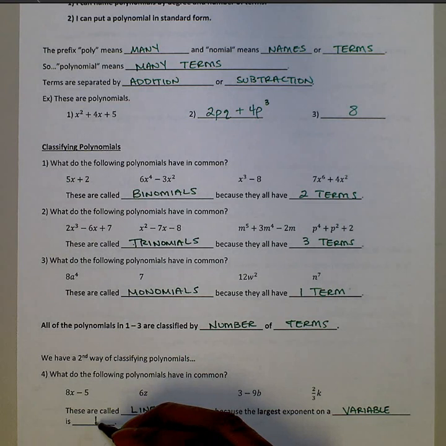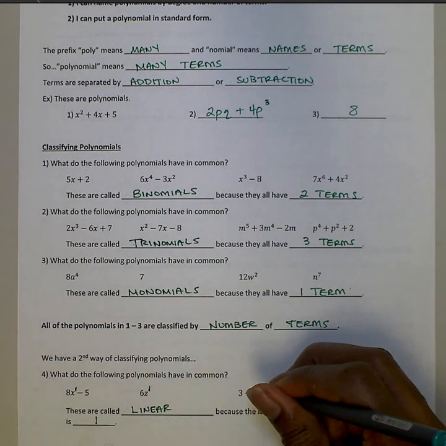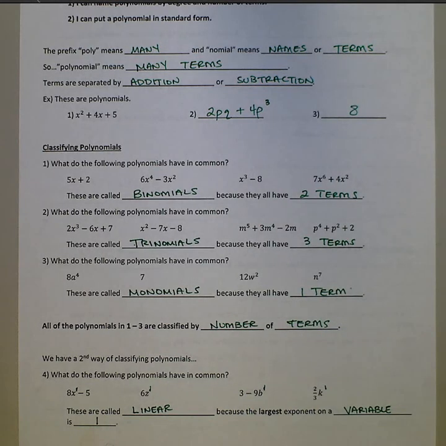Okay, remember from our last chapter that when there's no exponent written, there's an understanding that the exponent is 1. Okay, so if the exponent is 1, this is a linear polynomial.